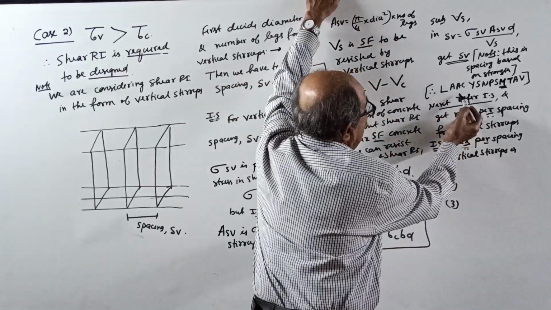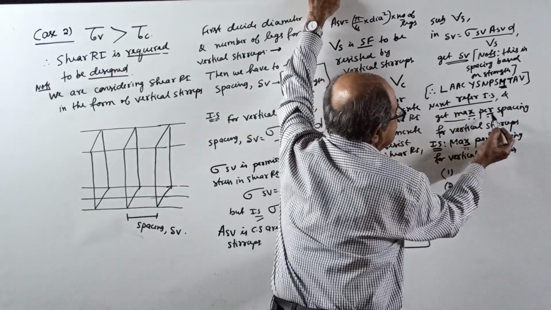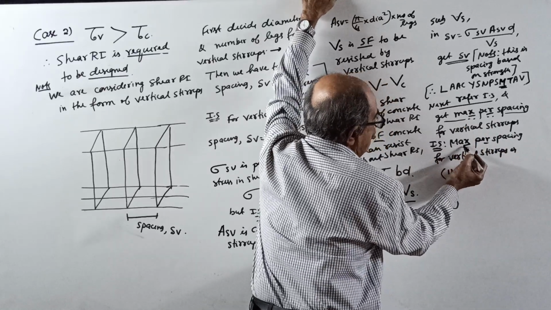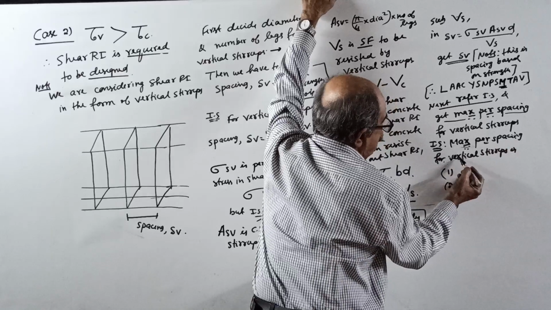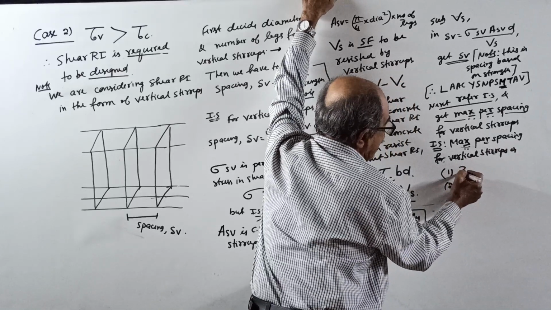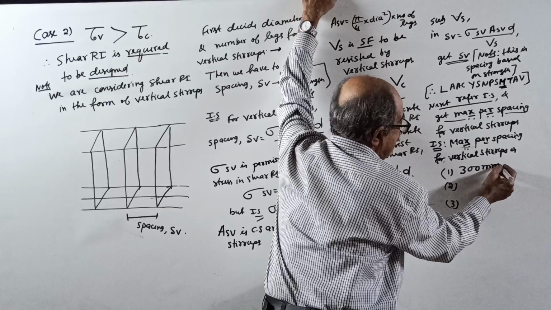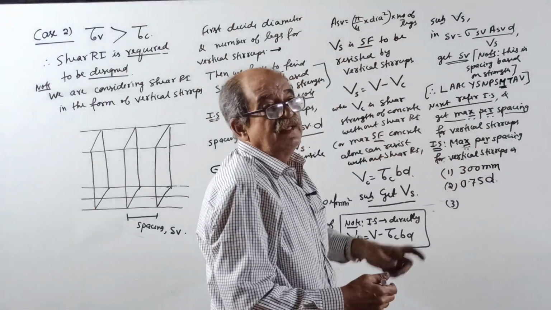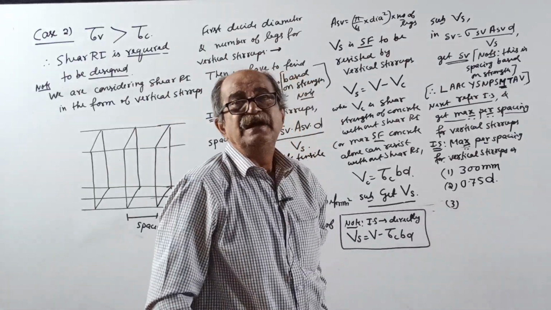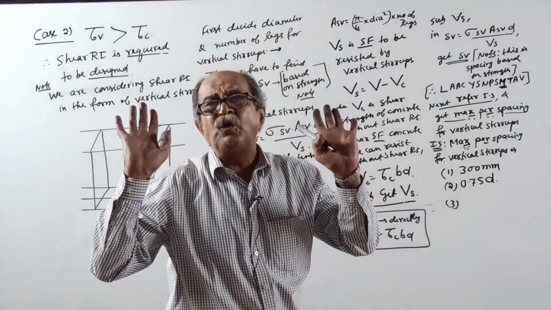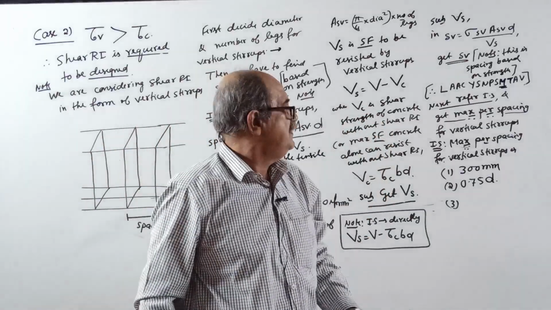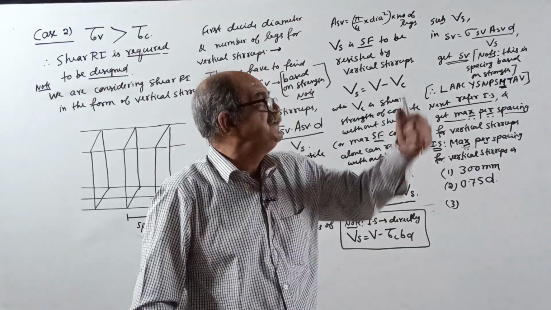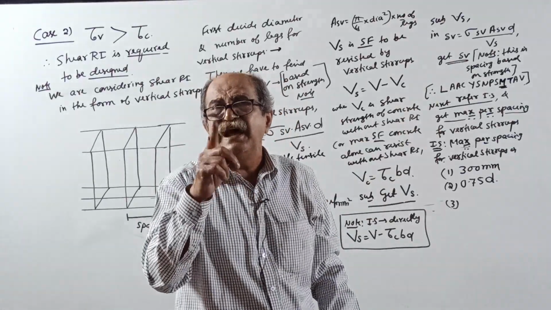As per IS code, the maximum permissible spacing for vertical stirrups is 300 millimeter, in any order. Second one, 0.75 times effective depth. The reason for 0.75d, the diagonal tension crack, I thoroughly told in the regular batch. They also know how stirrups work in shear, how it actually resists shear.